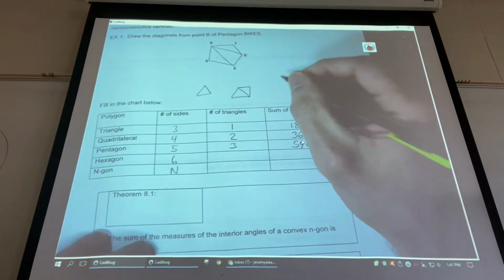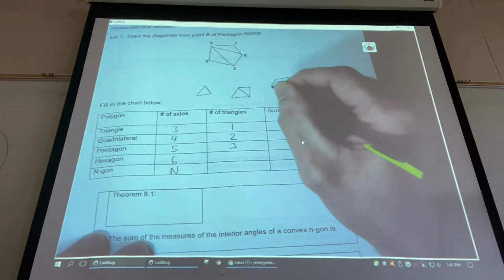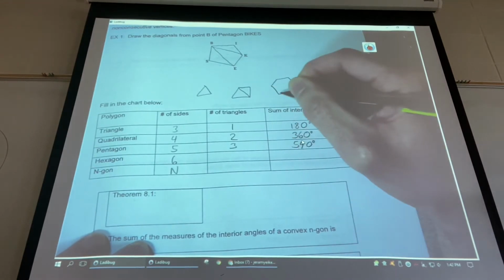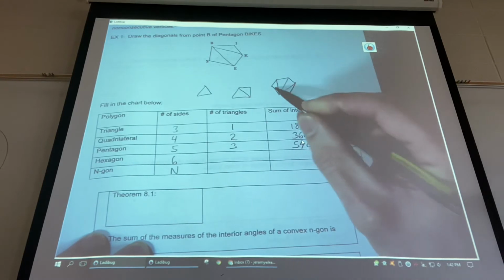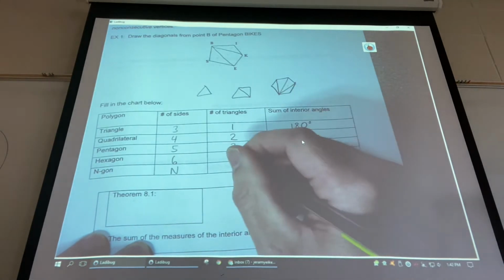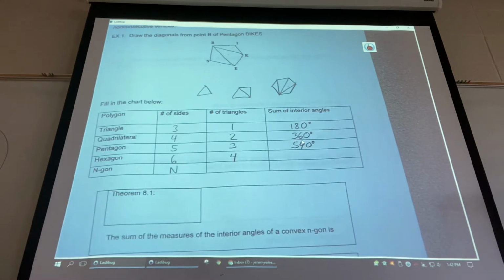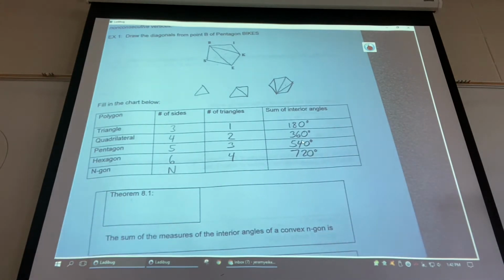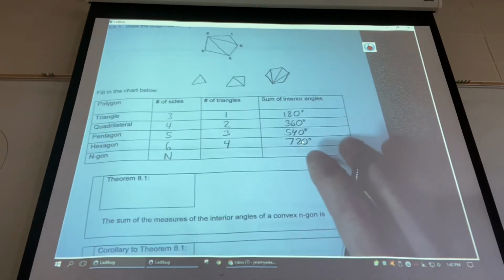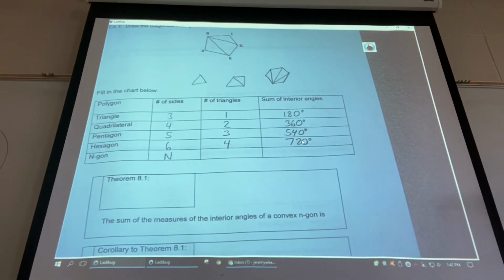If we had a 6-sided shape and we drew all the diagonals from one vertex, how many triangles do you have? 4. 4 times 180? Basically we don't want to have to draw all the pictures out every time, so we're going to figure out the relationship here.